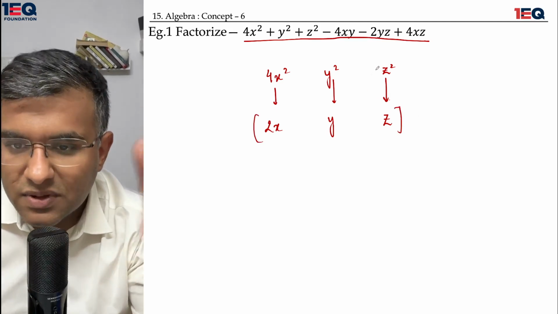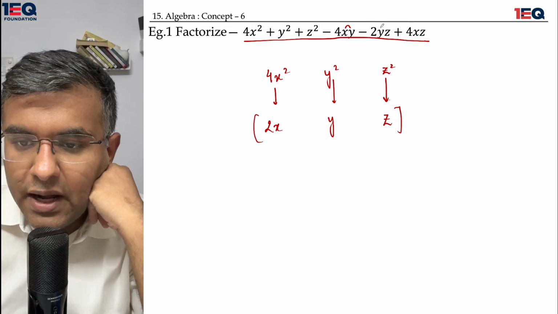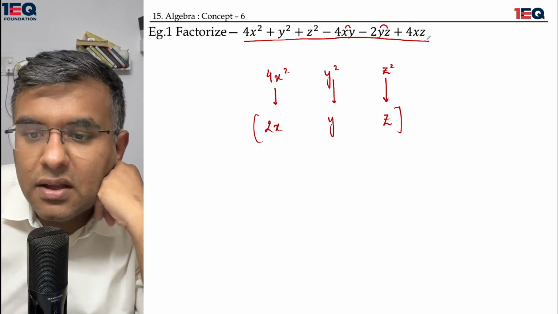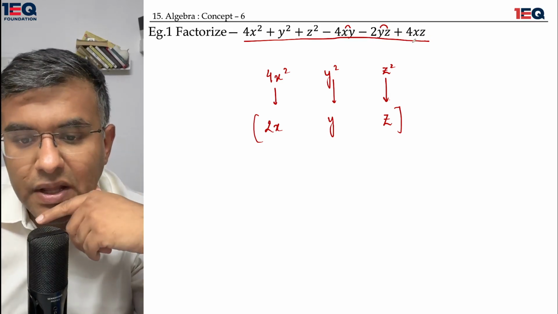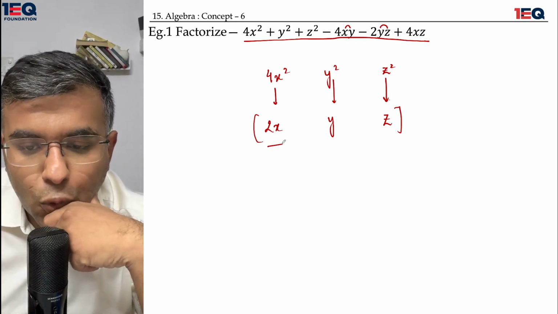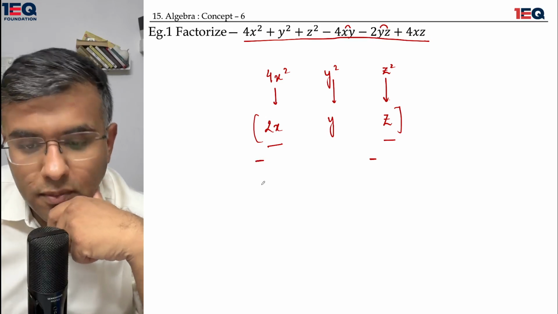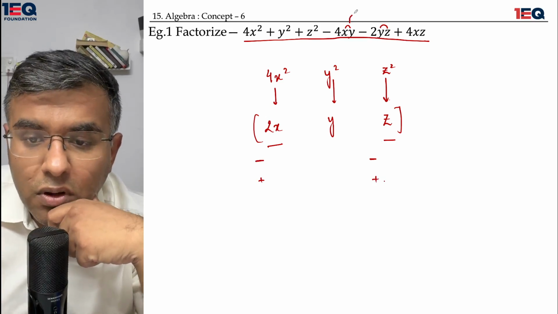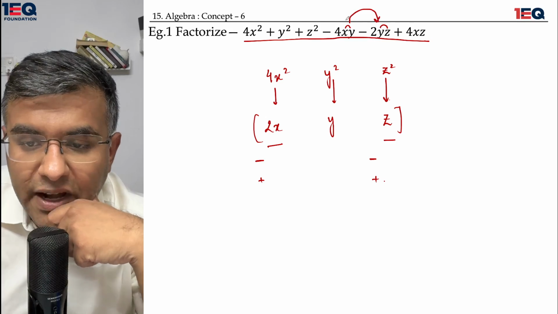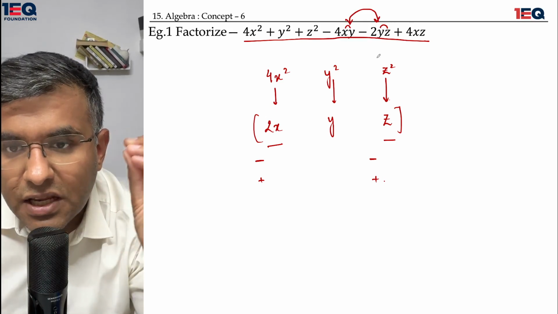Now, talking about the signs. Every time there is an xy and a yz, the sign turns out to be negative. But whenever there is an xz, the sign turns out to be positive. That means either both x and z are negatively signed or both of them are positively signed. But the common variable which might be creating the negative sign is y.